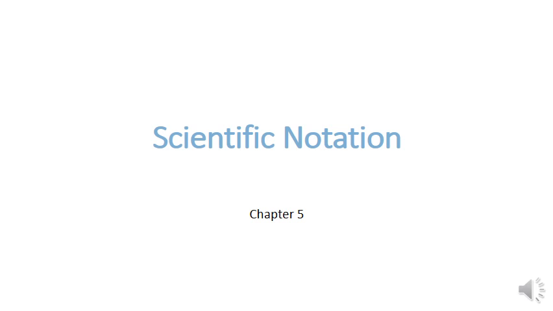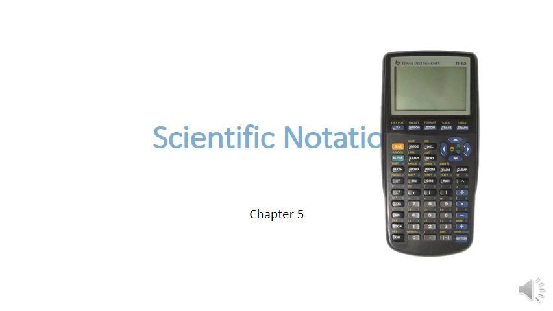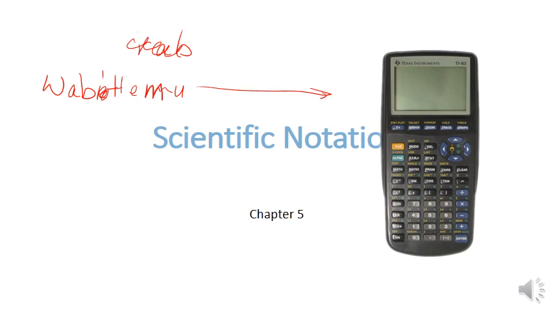Because we're going to be using a lot of measurements in this chapter, you are going to need one of these calculators. I do have some available in the classroom, but if you have an Android phone, WabbitEmu is a free download, and with that you can download one of those calculators. It looks just like that, so that would be one you could use at home.